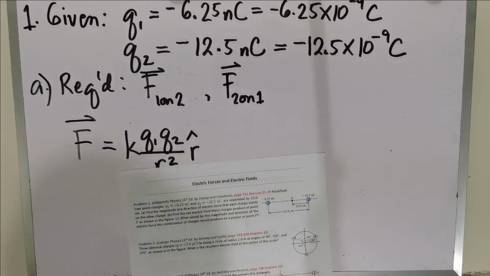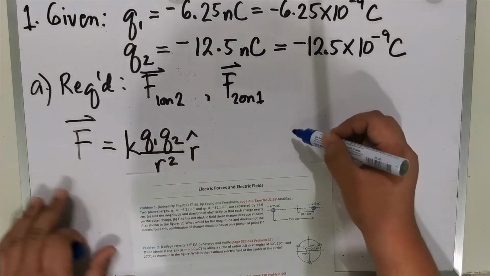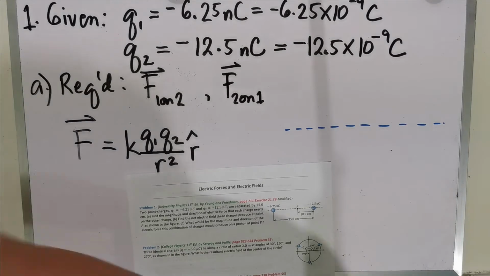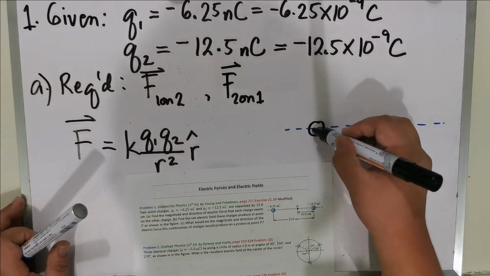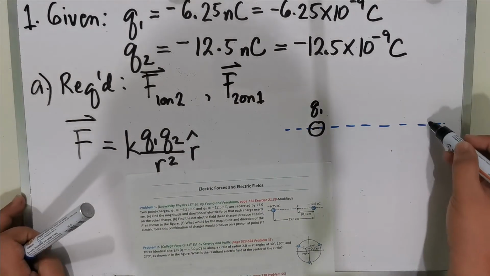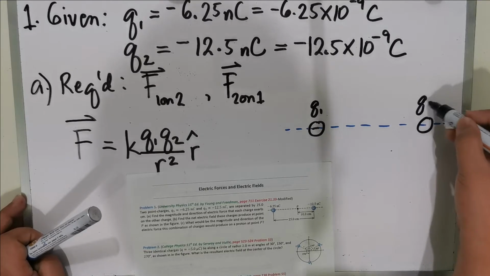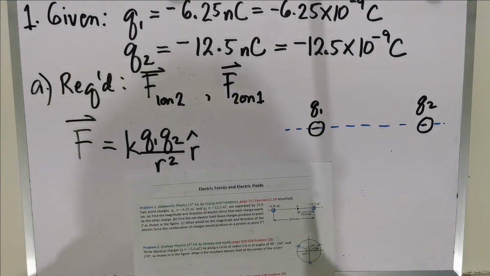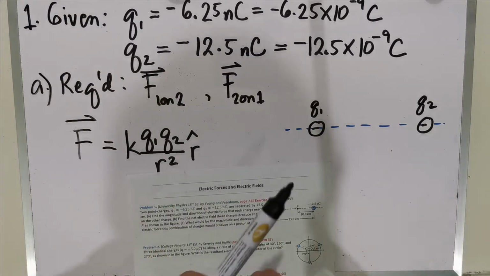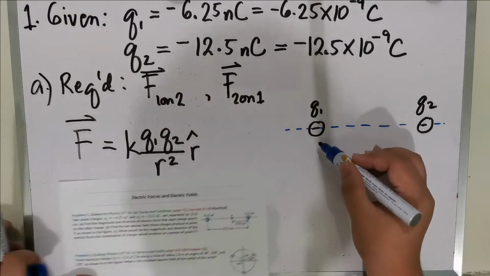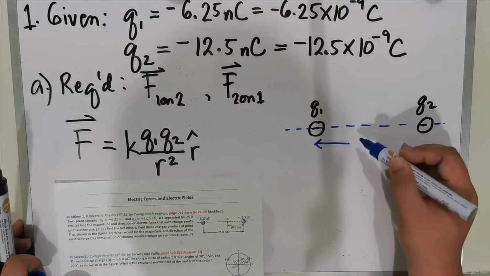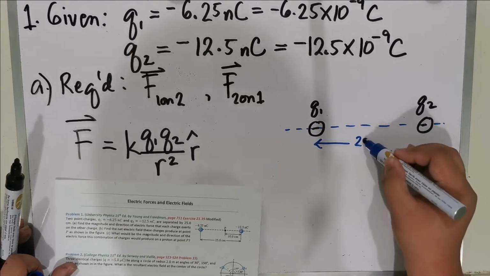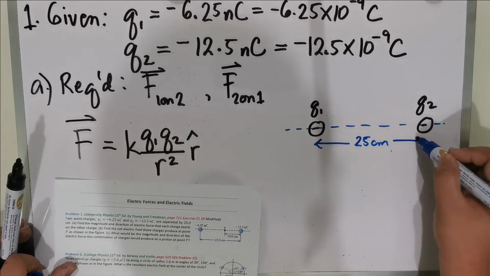So if we draw the problem, this is our x-axis, and this is our charge 1, Q1, and here is another charge, Q2, which is also negative. Remember that the distance between the two charges is 25 cm.